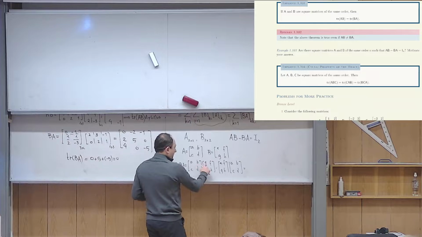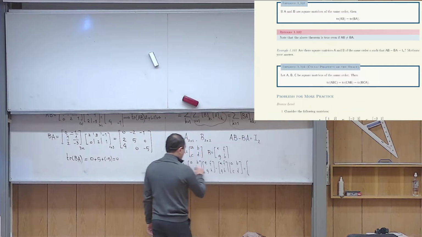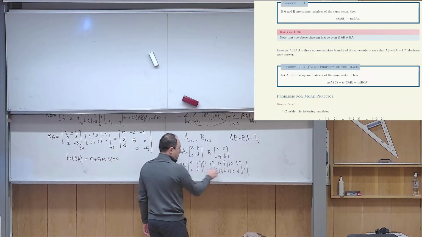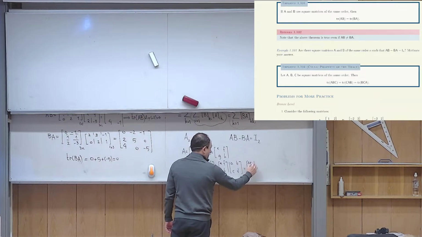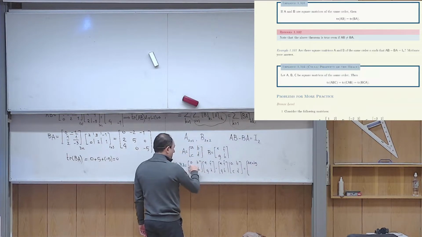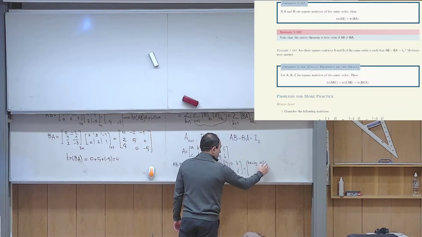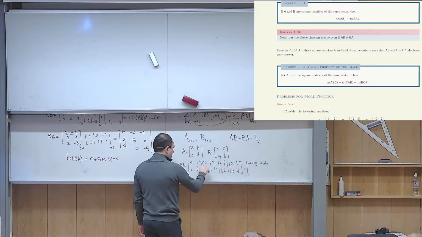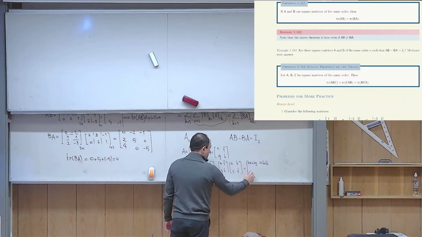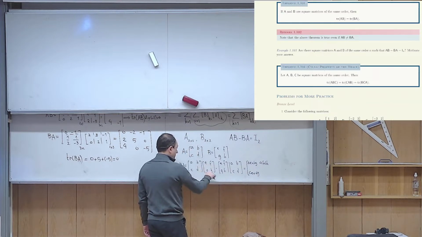This becomes AE plus BG. The other one becomes AF plus BH. The other one becomes CE plus DG, and then CF plus DH.